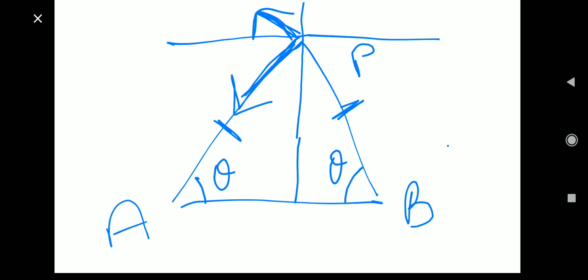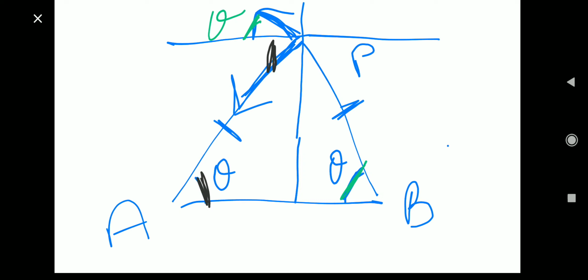Now if this angle is theta, then the corresponding angle to this is this particular angle. This angle will also be equal to theta. And if this angle is theta, then this angle will also be equal to this angle.